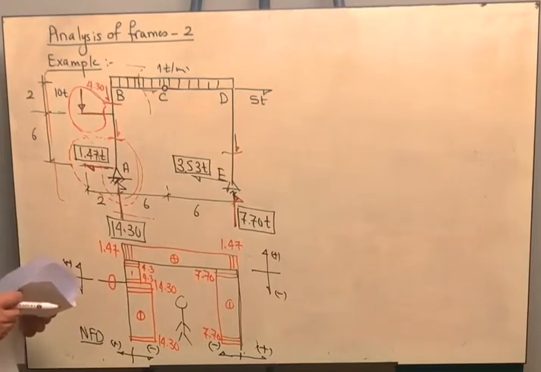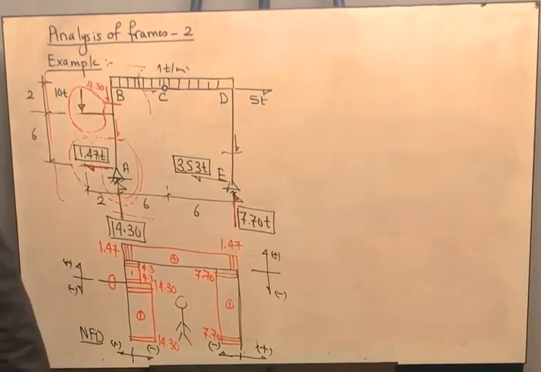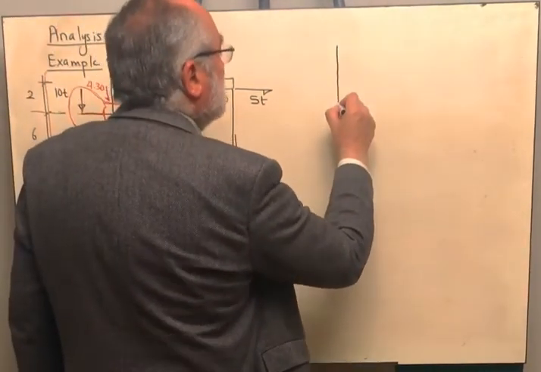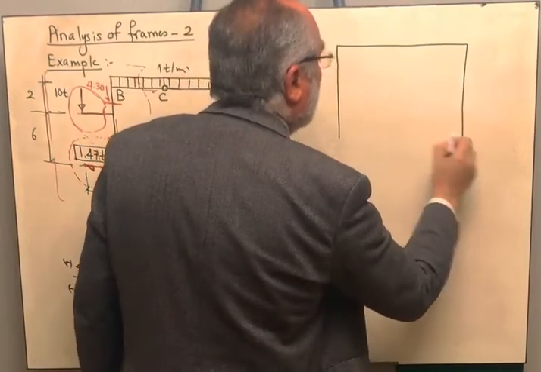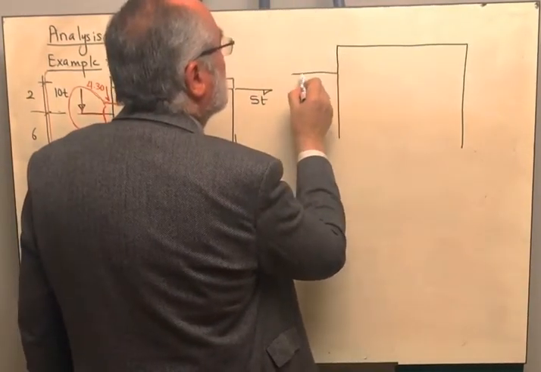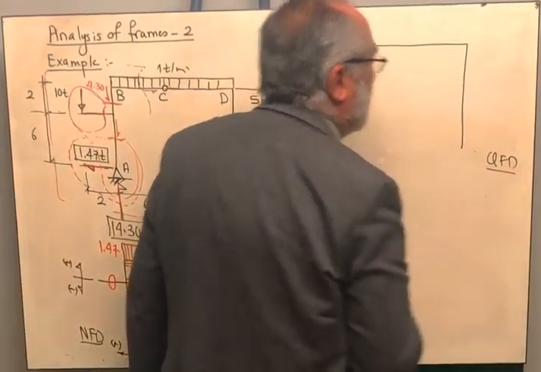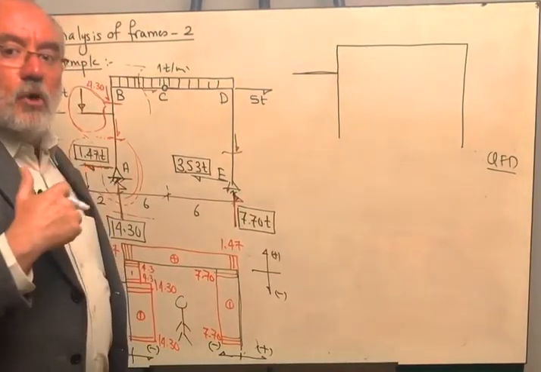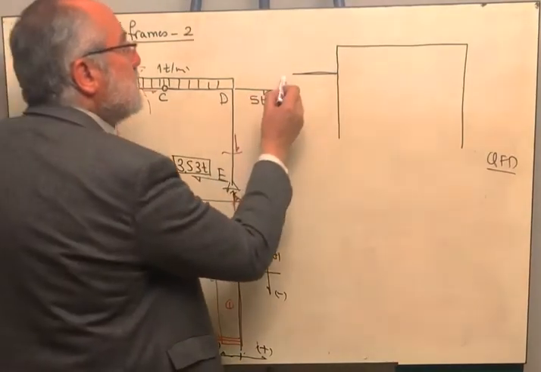Okay, now let us go to the shear. This is the central line of the frame. This is the shear force diagram. Again, we are drawing the shear force diagram, the positive shear on the far side and the negative shear on the near side.